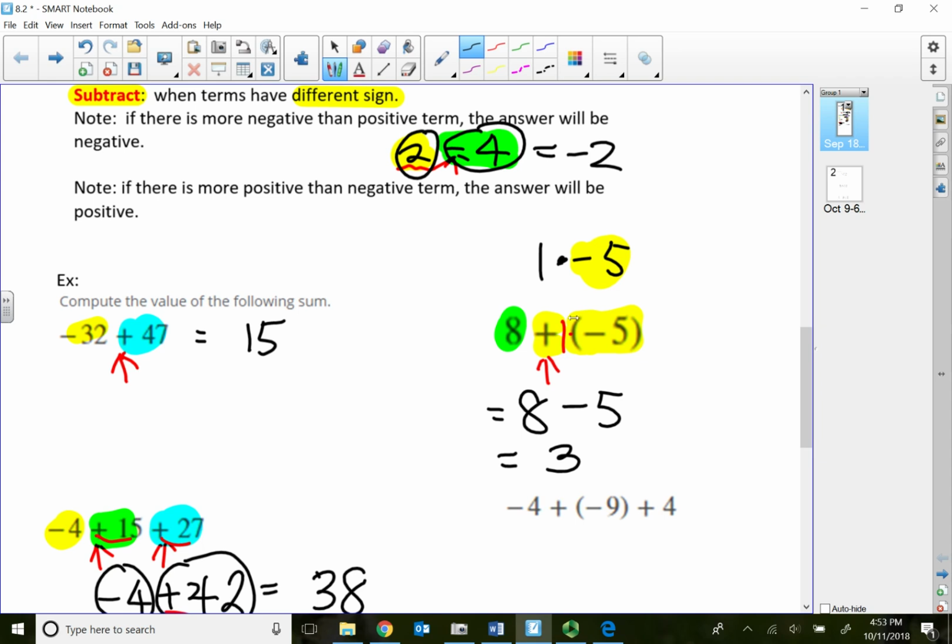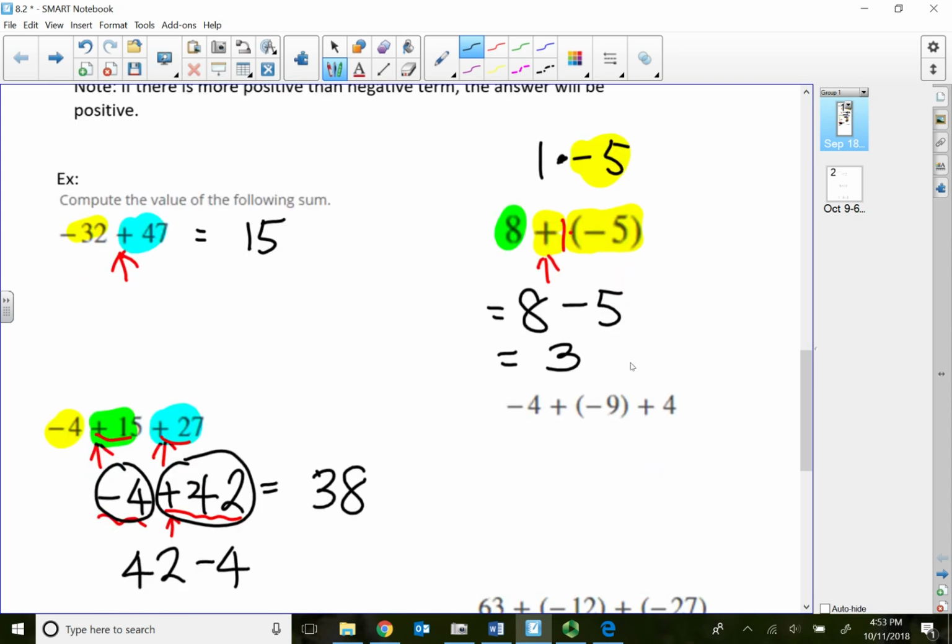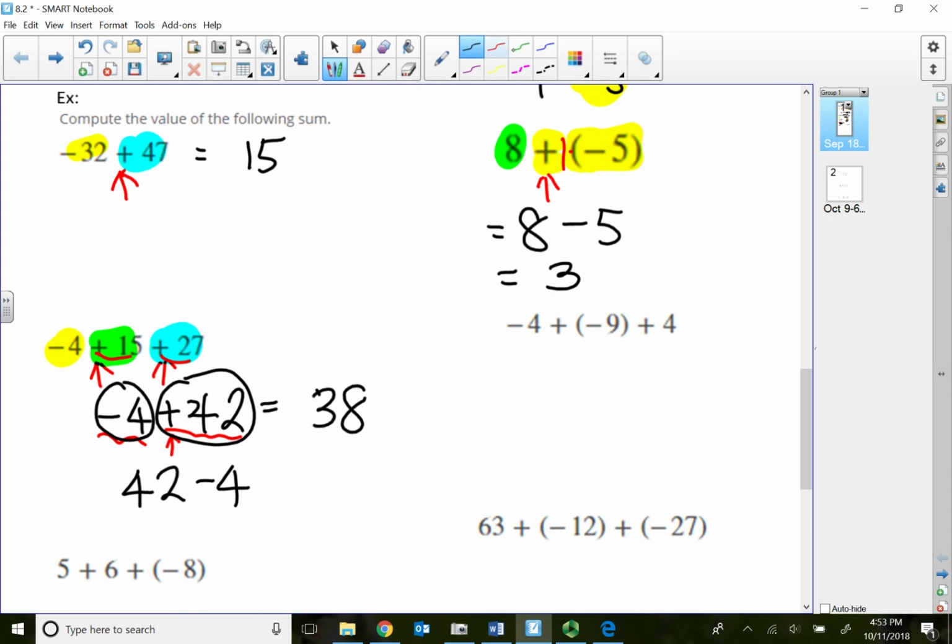So remember, every term can only have one sign. Whenever I see my term has multiple signs, I'm going to go ahead and make them all into one sign. One sign for one term. Two addition signs outside the parenthesis tell me I got three terms. First term is -4.